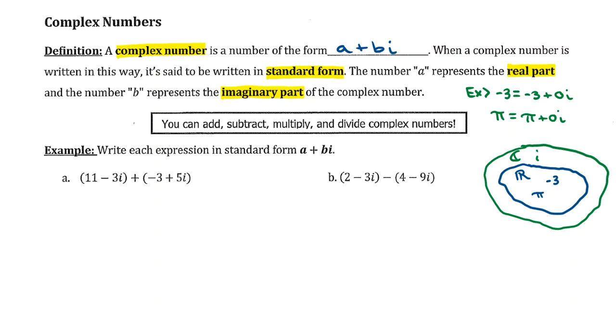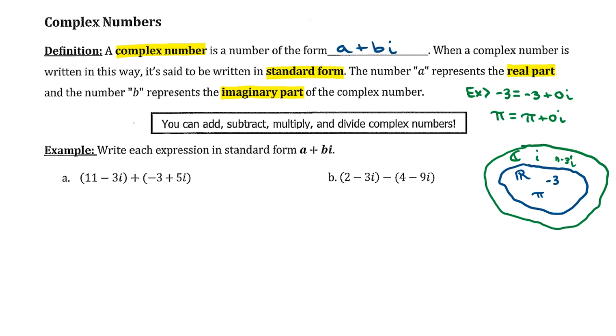We could have something like 11 minus 3i. That's a complex number, and we'll be working with that in just a moment, but it's not a real number because it contains a nonzero amount of the imaginary unit. So every real number is a complex number, but not vice versa. There are some complex numbers that are not going to be real, in which case we call them non-real.